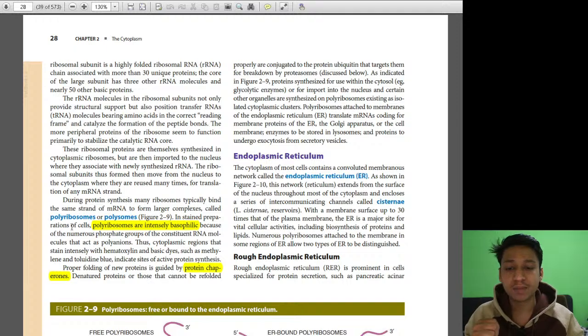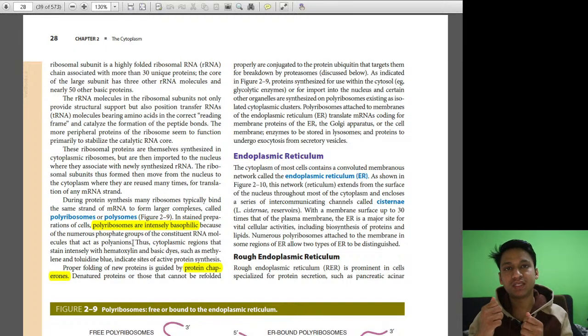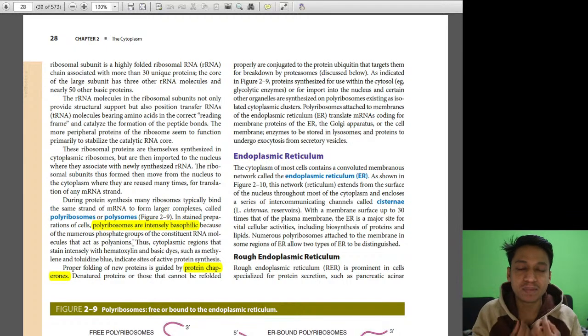In stained preparations, polyribosomes stain intensely basic. Polyribosomes are intensely basic because of the numerous phosphate groups of the constituent RNA molecules that act as a polyanion. So because of the phosphate groups, they stain basic. They are anionic in nature and they take up the basic stain.